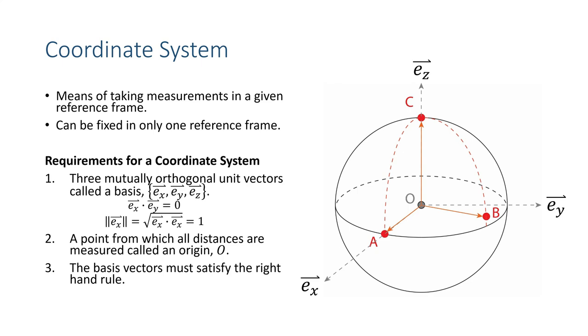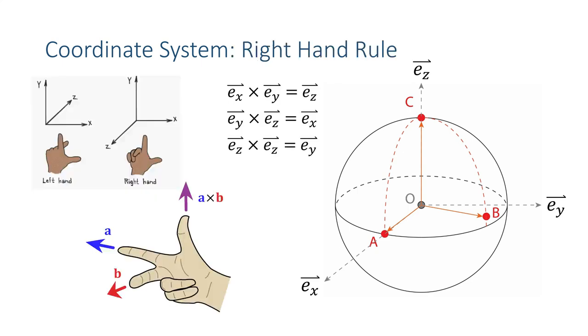So let's talk about the right-hand rule, just to clarify for those who maybe haven't seen it, or to clarify a little bit more for those who have. The right-hand rule is a very simplified way of thinking about what the positive directions are. If you hold your hand in this configuration, you can see that we have A, B, and if we cross A and B, we've got this direction up here.